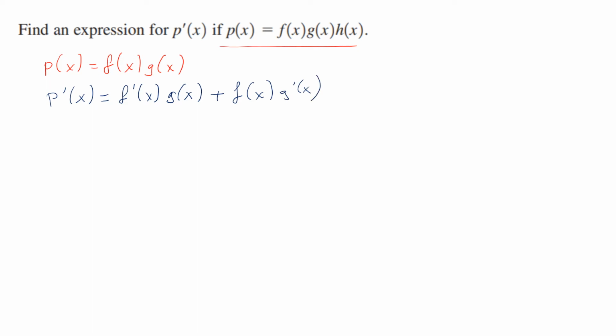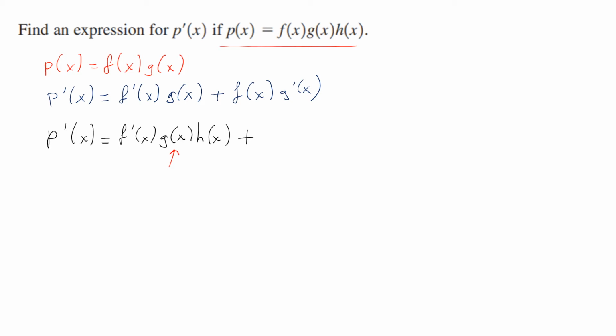Now if I expand this to 3, same format: take the derivative of the first one, keep the other same, including the h(x), now plus, it's the turn of the second one.